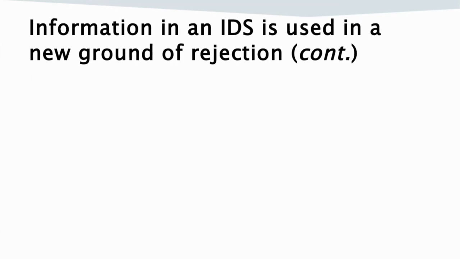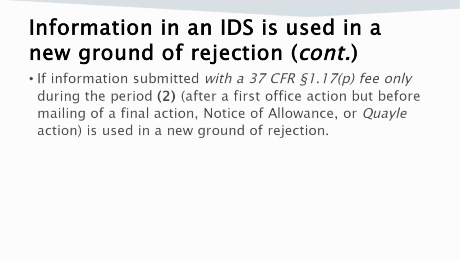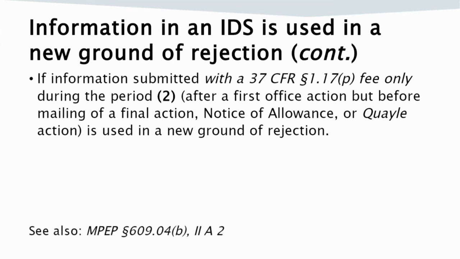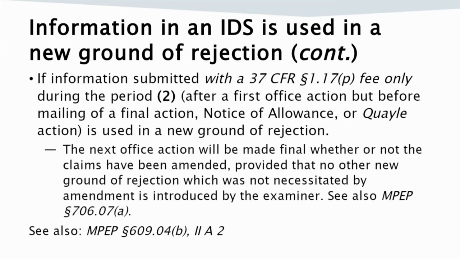Now, let's discuss the special situation that may occur. If information submitted with a 37 CFR 1.17(p) fee only during the period 2 under 37 CFR 1.97(e) after a first office action but before mailing of a final action, notice of allowance, or Quayle action, is used in a new ground of rejection, the next office action will be made final whether or not the claims have been amended, provided that no other new ground of rejection, which was not necessitated by amendment, is introduced by the examiner.